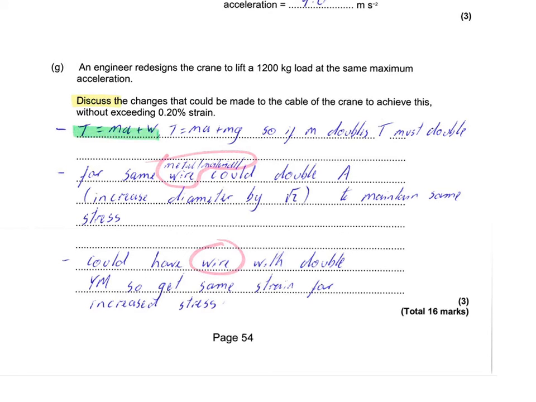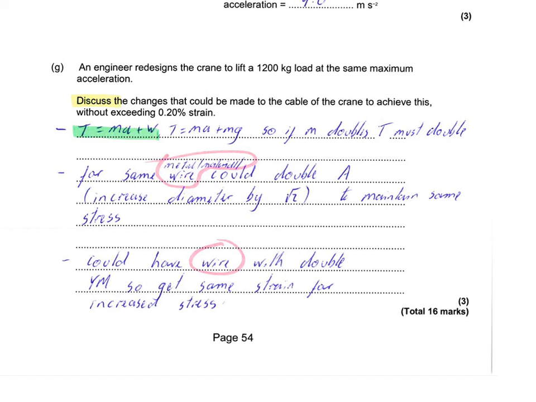Now, same acceleration in both cases, so if I double m, I've got to double the tension. So if I'm doubling the tension and sticking to the same strain, I've got to stick to the same stress. Therefore, I've got to double the cross-sectional area. That's, of course, the same as increasing the diameter by the square root of 2 to keep the same stress. The alternative is I could have a wire with double the Young modulus to get the same strain for this increased stress.